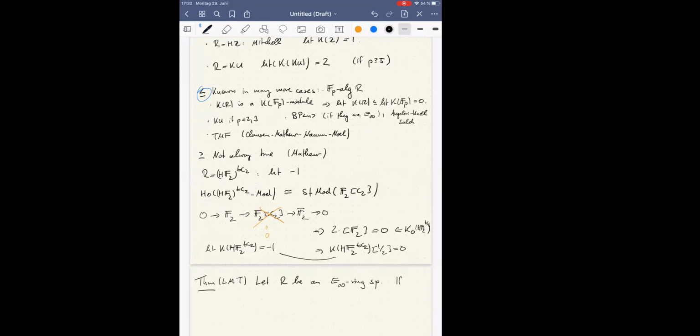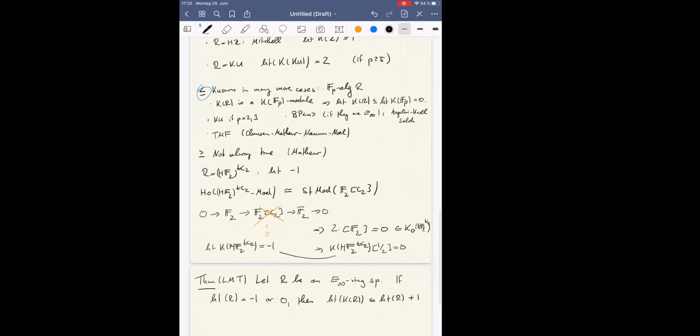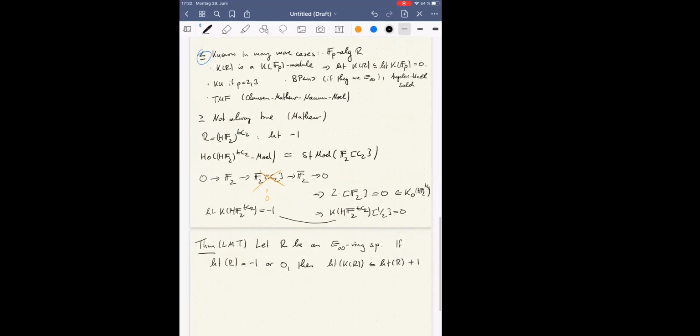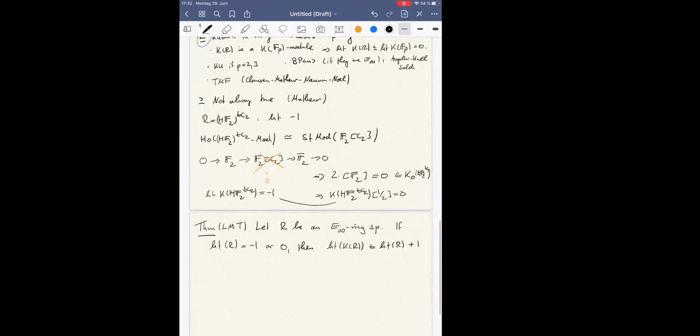If the height of R is -1 or 0, then indeed the height of the K-theory spectrum is smaller or equal to the height of R plus 1. So it shows in generality the one inequality for low heights.